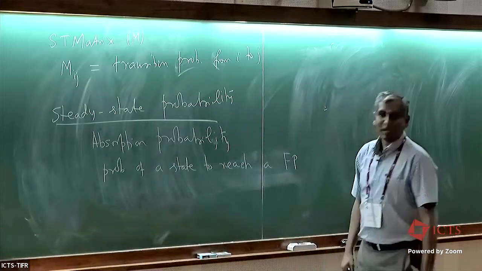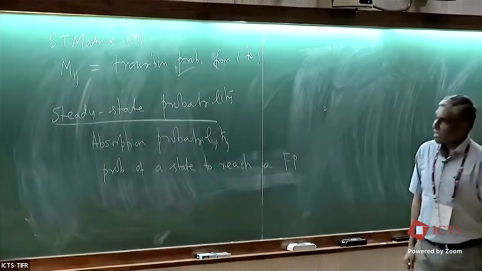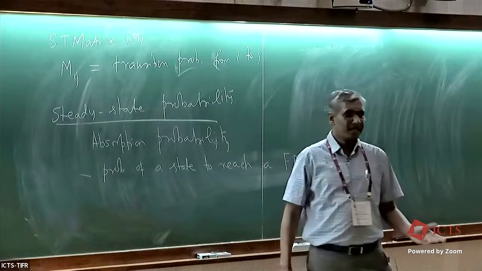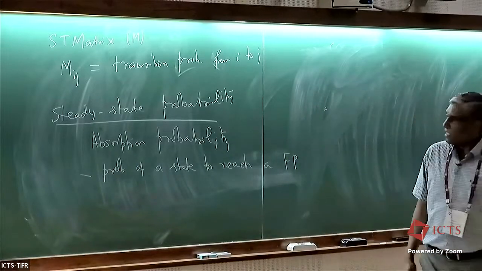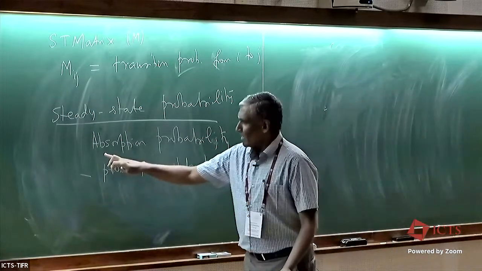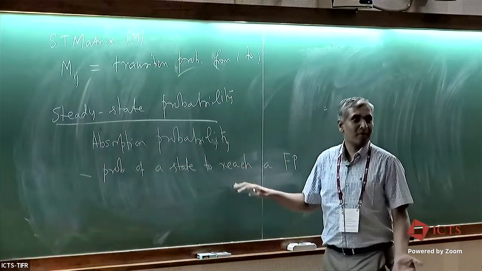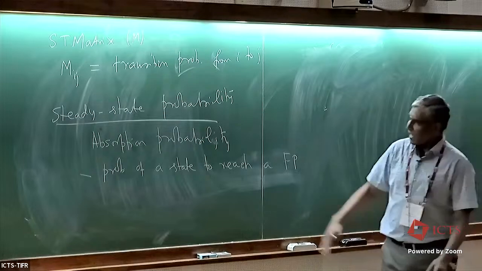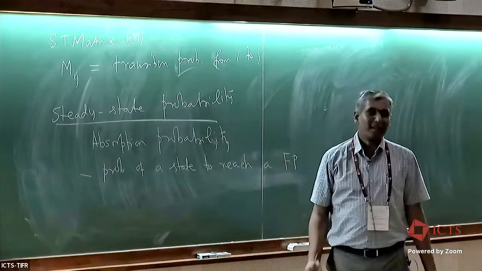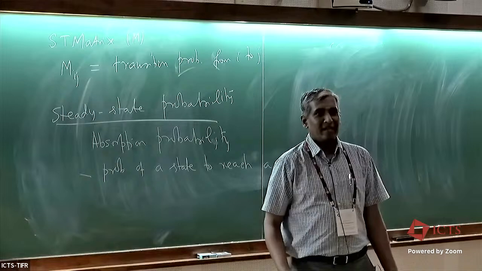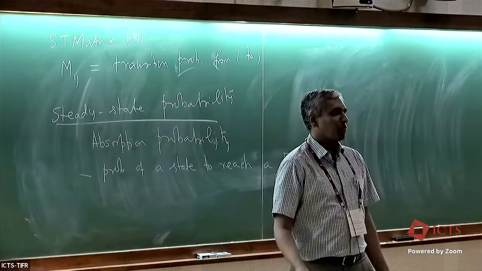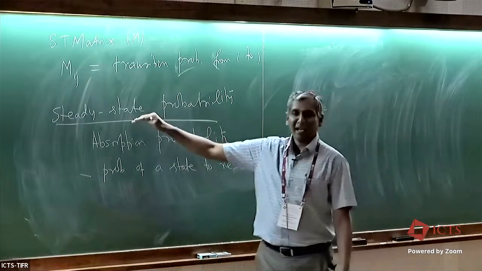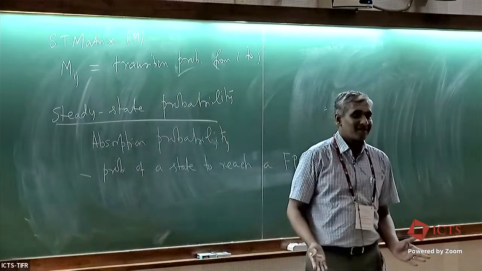Now clearly it means that if there are multiple fixed points present in the network, then each of these fixed points will have a specific absorption probability for a given start state. And once I enumerate and estimate the absorption probability to reach different fixed points from all the start states in my network, the steady state probability is a simple average.